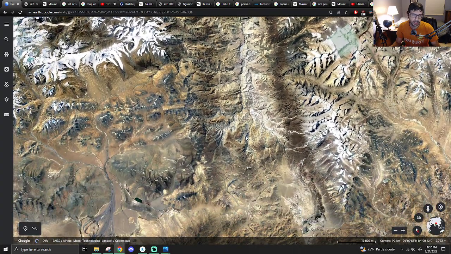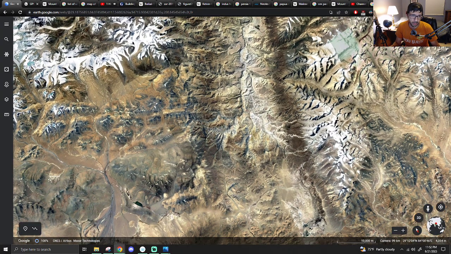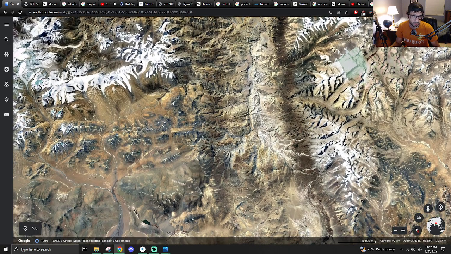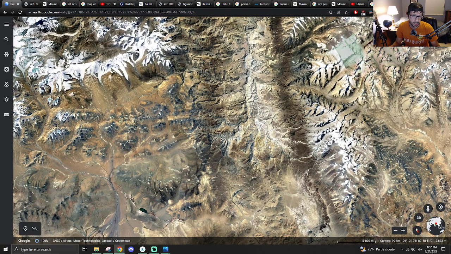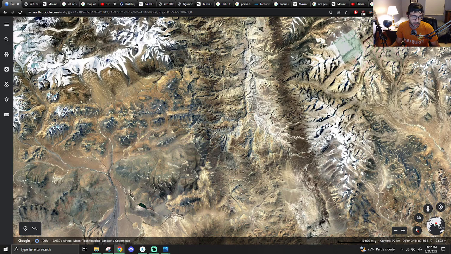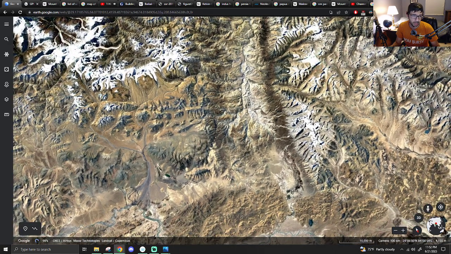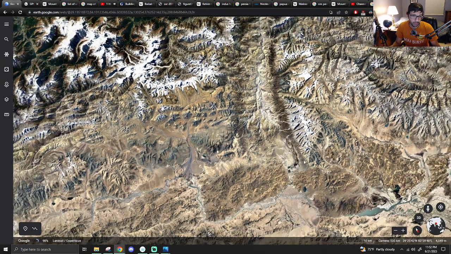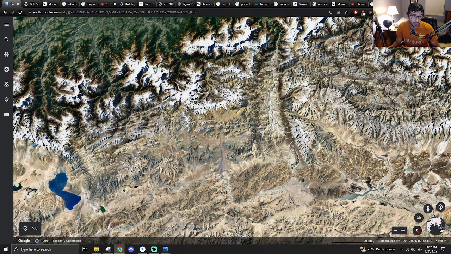So what's interesting that I forgot to bring up, that I should just mention now, is this chakra is sideways pointing over here.